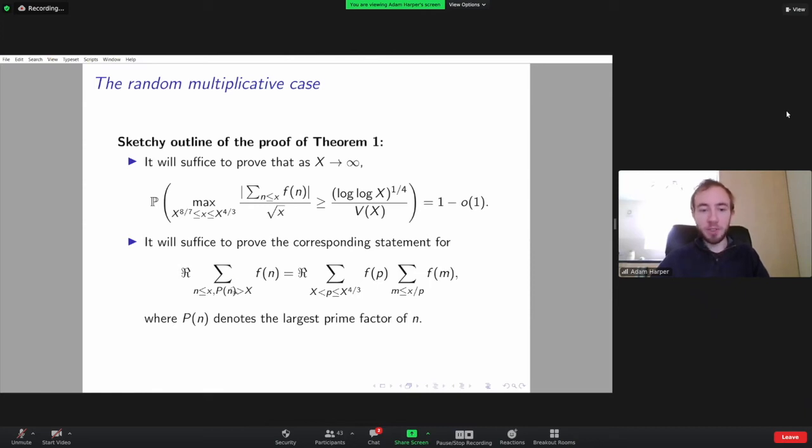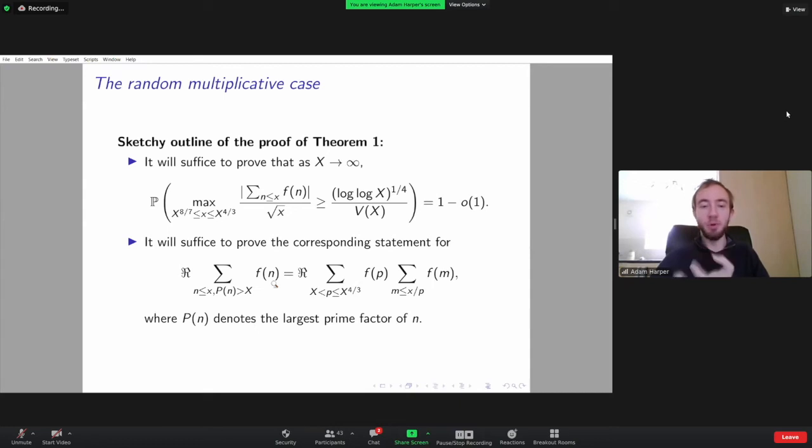So why does it suffice to do this? Well, certainly if you can show the existence of a large real part, then you have the existence of a large absolute value. Why does it suffice to work with just this subsum over the numbers with a big prime factor? Well, the idea is that for any given little x, it'll be quite rare to have a large value of this sum. It will also be quite rare for the corresponding bit of the sum over the numbers with all their prime factors less than capital X to be large.